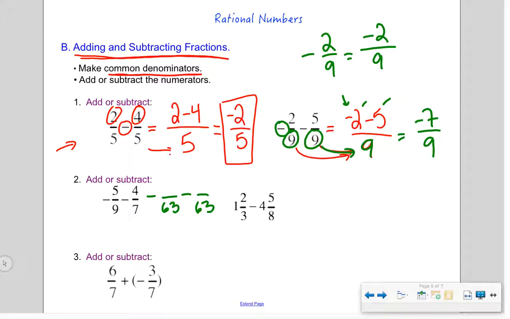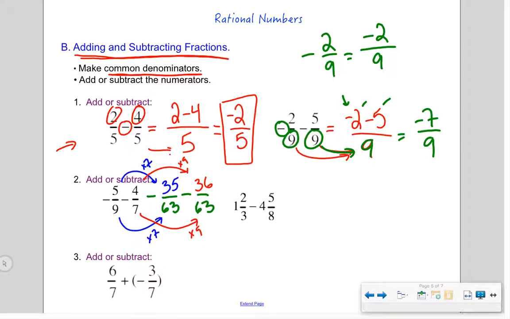To go from 9 to 63, I'm going to multiply by 7. So I have to do the exact same thing on the top. 5 times 7 is 35. To go from 7 to 63, I multiply by 9. So on the top here, multiply by 9, and now I have 36.